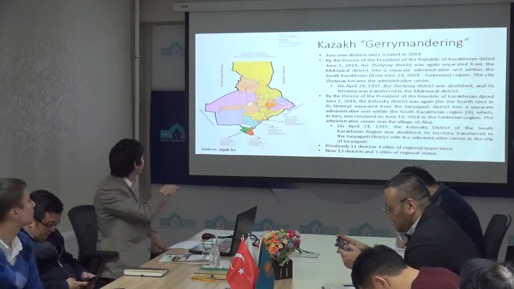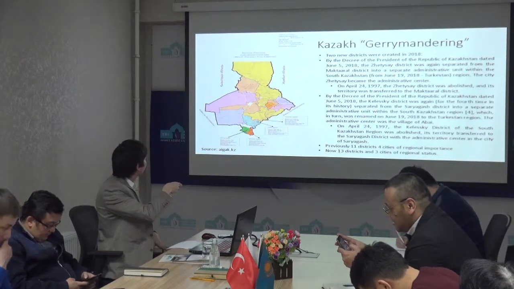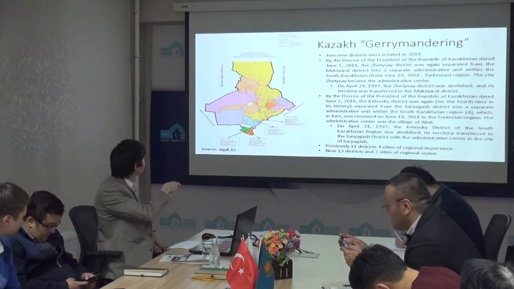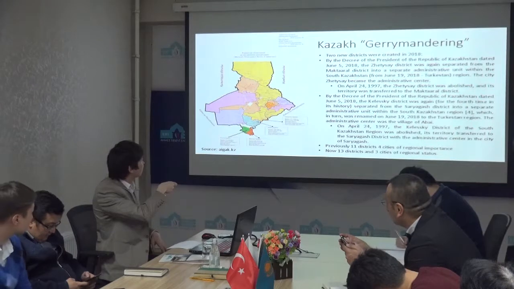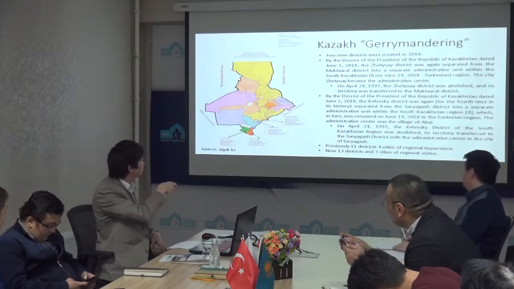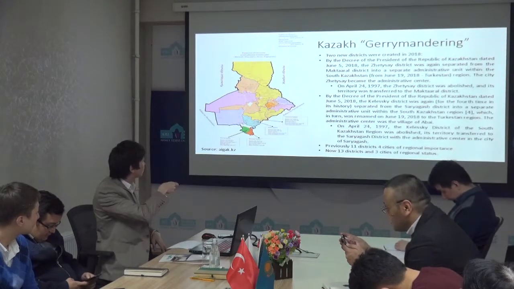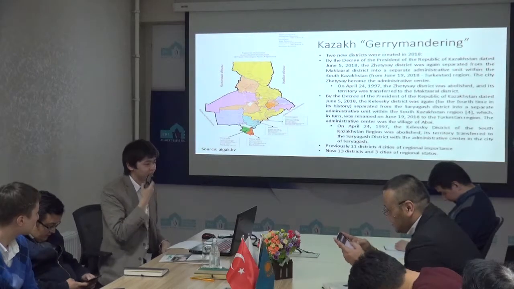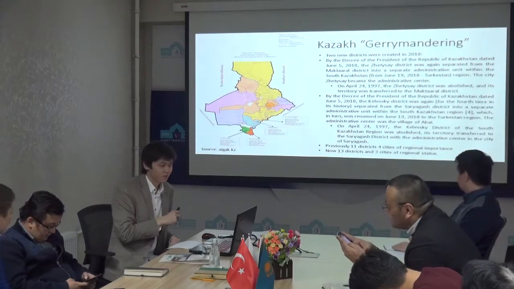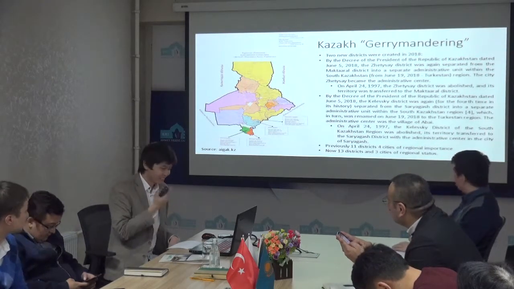Now, regarding Shymkent city, it's worth mentioning that the boundary of the city also changed. This tiny part was previously part of this district. Now it's a city. As a native of that region, I did not welcome this.